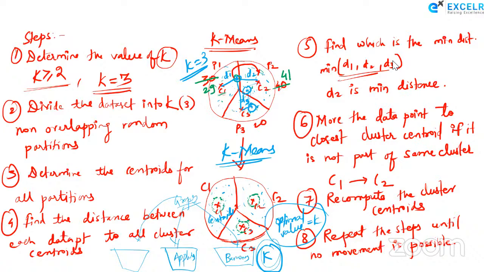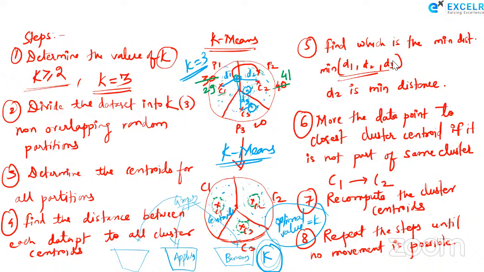This partition is done randomly, so if you run k-means again, you might get different partitions. Then we determine the centroids for all k clusters, the 3 clusters here, and for all the respective clusters.